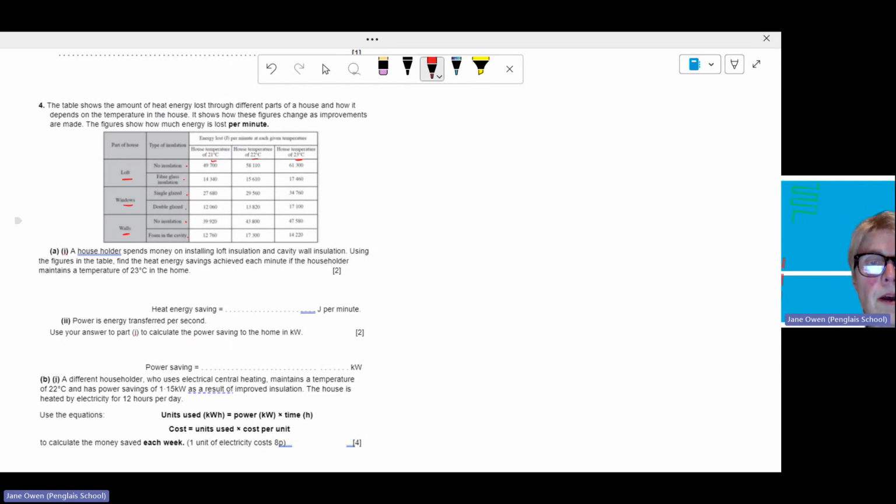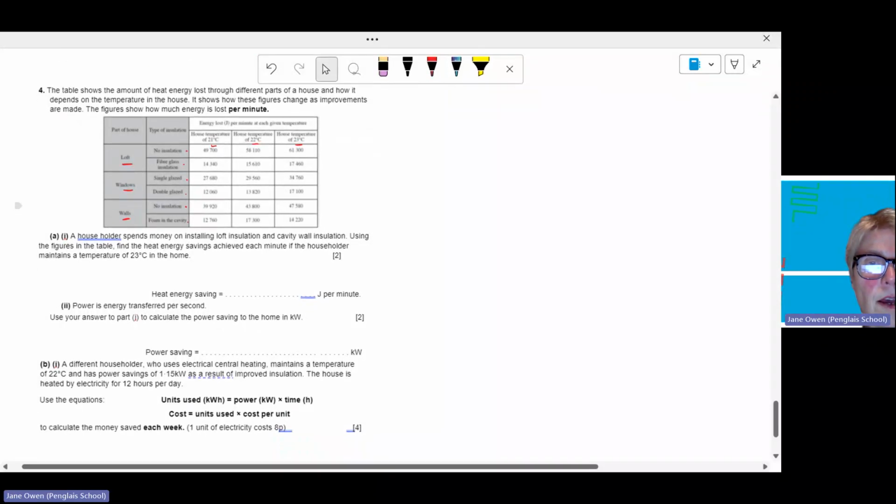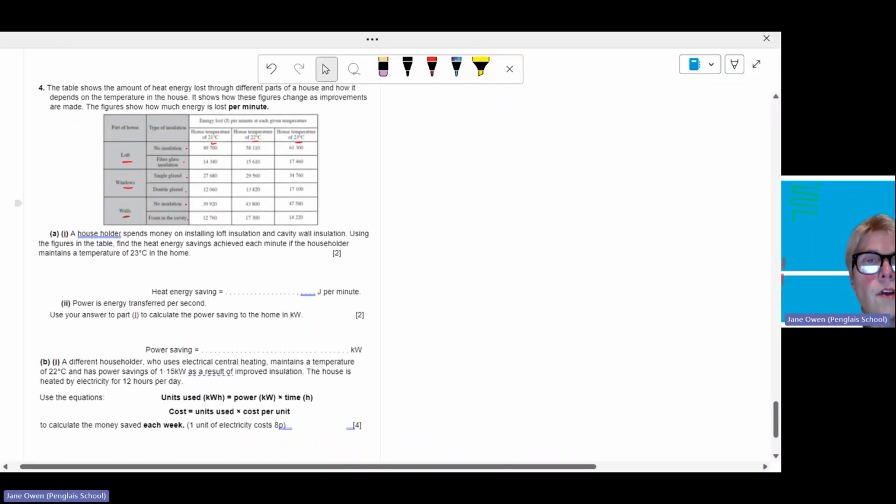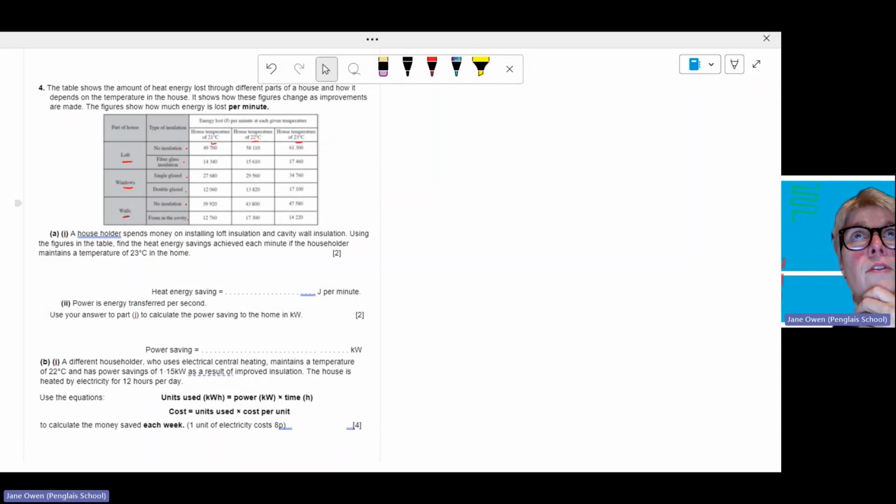So I want to do this because I want to show you that we can use those equations that you have learned right at the beginning to look at the savings, not just the costs, but the savings.